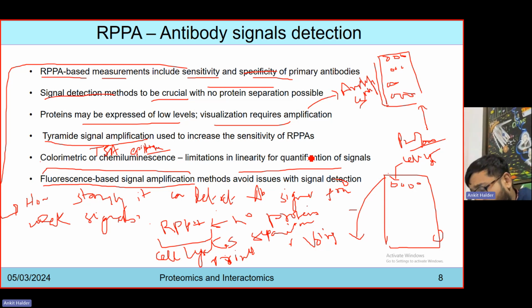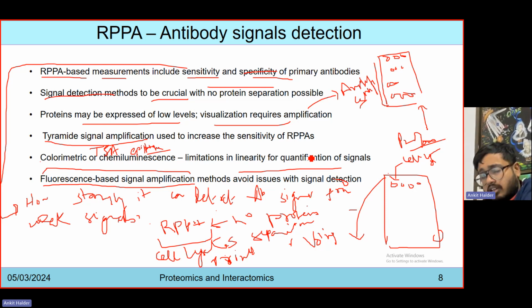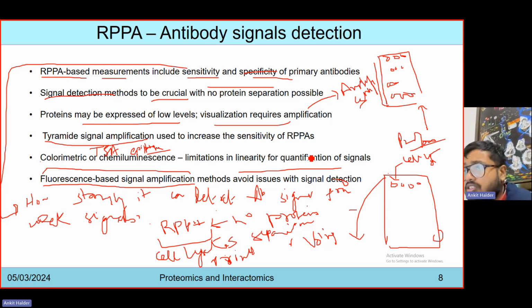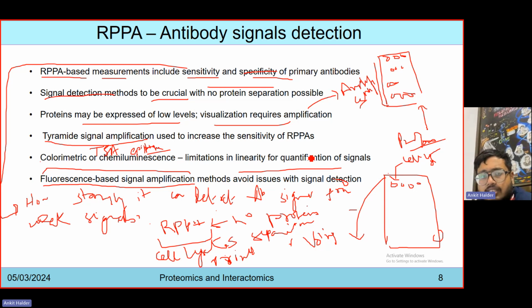Once the samples and the antibodies have gone through and crossed all the checkpoints, including the sensitivity and specificity of the primary antibodies, the signal detection methods need to be crucial, because it does not allow any kind of protein separation, which is easily done on other platforms.